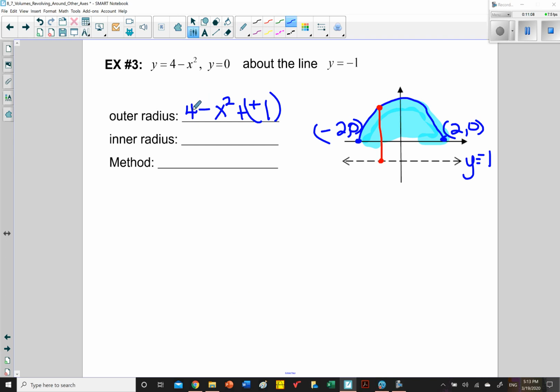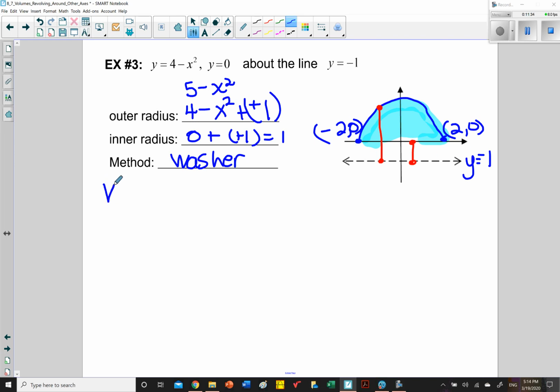So 4 and 1, that's going to be 5 minus x squared for the outer radius. The inner radius is going to go from 0 minus -1. So 0 minus -1 is going to go to 1. And again, this is a washer because we have this hole in here. This is getting all thrown away.